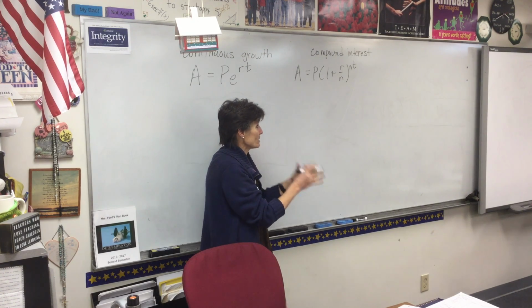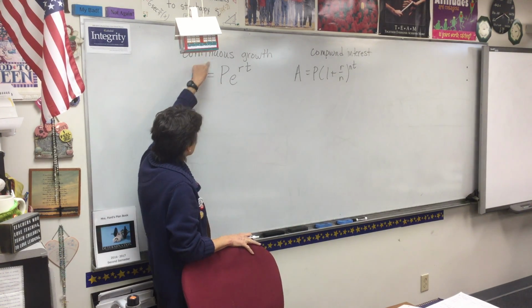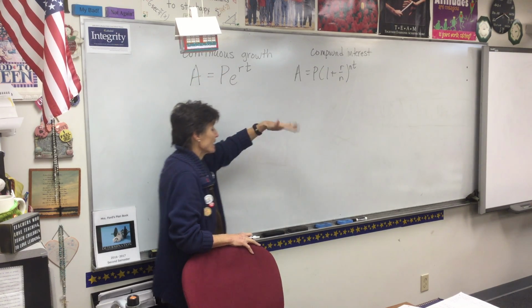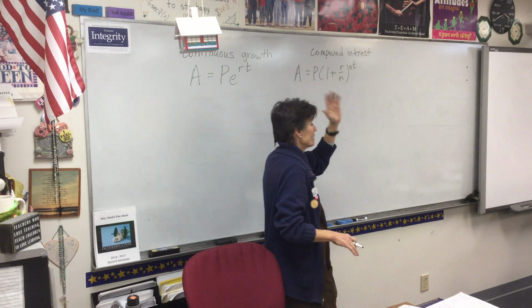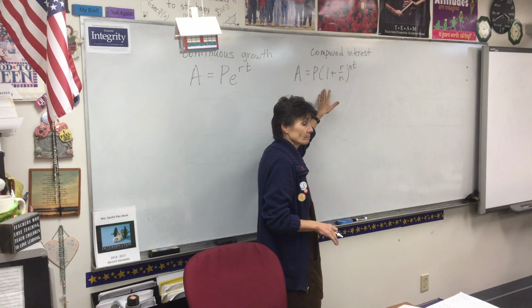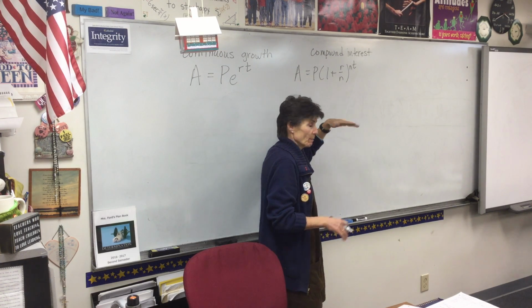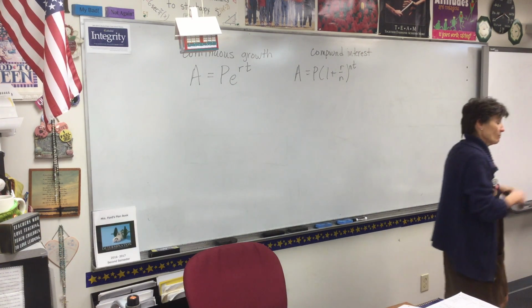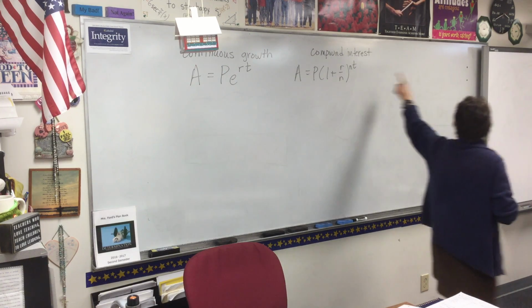Any compound interest, daily, hourly, monthly, yearly, this is your formula. So when a problem says something about, Susie deposited $100, 4% compounded quarterly, that's your formula.